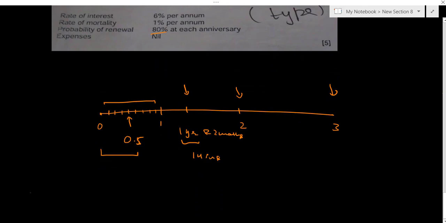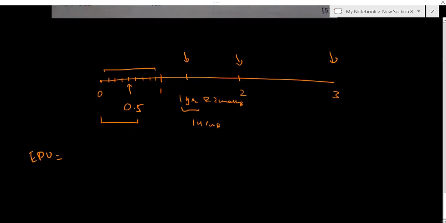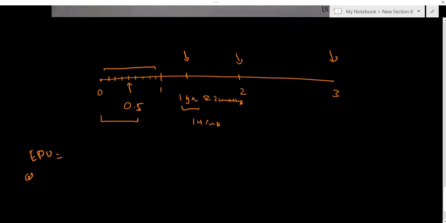To calculate the EPV, I'm going to divide this term into 3 years. If I want to calculate the EPV of the first year's subscription fee, it would be equal to the sum of these 12 payments, and basically it would be equal to A due.